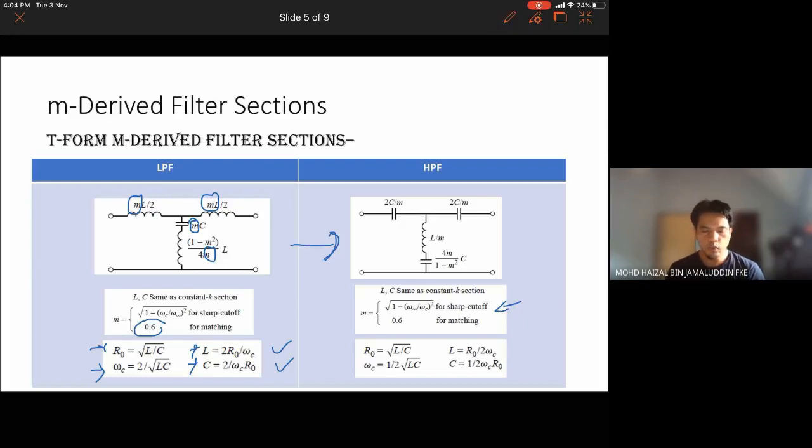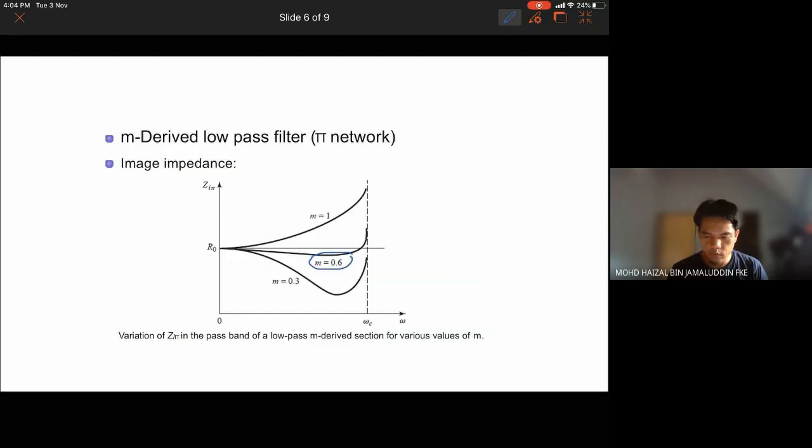When we put the value of m, for example in the pi network, never mind, I think the T or pi network is almost the same. We can see here that when m equals 0.6, it is almost near R0. That's why m equals 0.6 is chosen for matching.